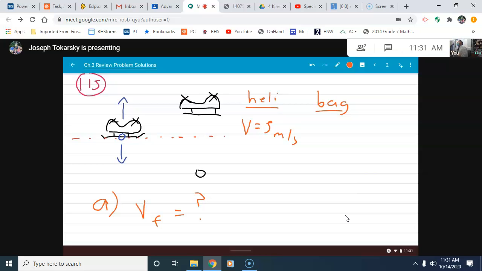Well, the bag, it was dropped. But was it dropped from rest? No. If it was just dropped like I dropped this here, what would be the VI of the bag, guys? Yeah, 0. But that was another little tricky part to this problem where you got to read it very carefully and think, all right?